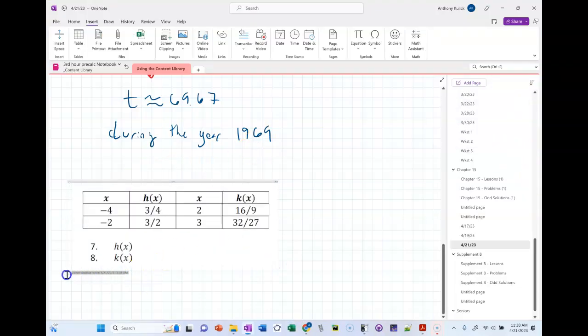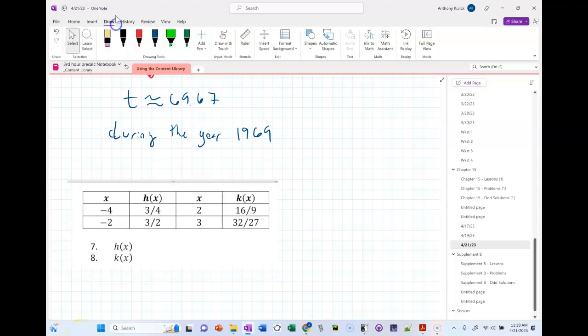So, same idea as the previous ones, but it's a little bit more difficult because you're not given convenient x's, right? So what I would start by doing, again, we're looking to build an exponential equation.